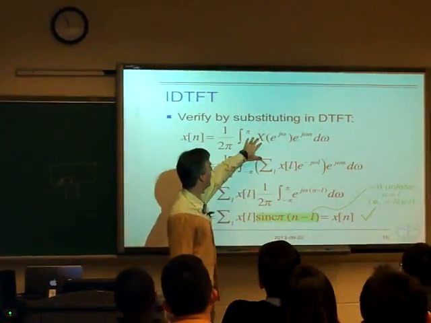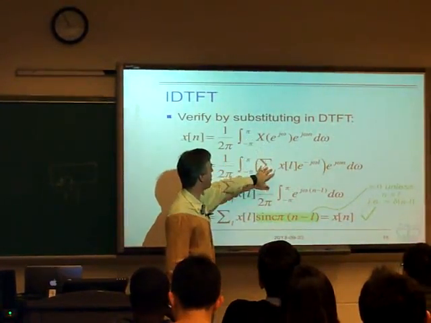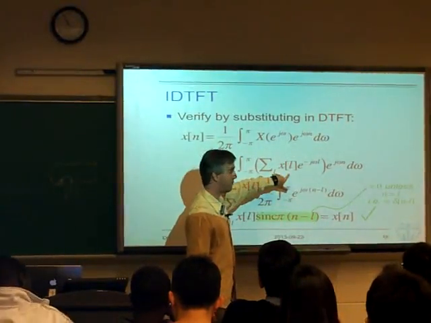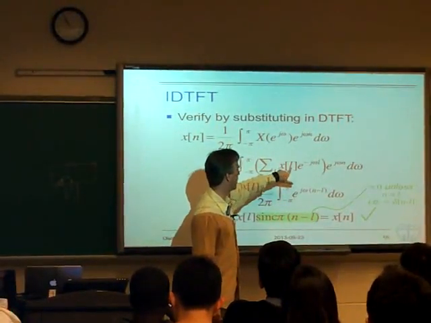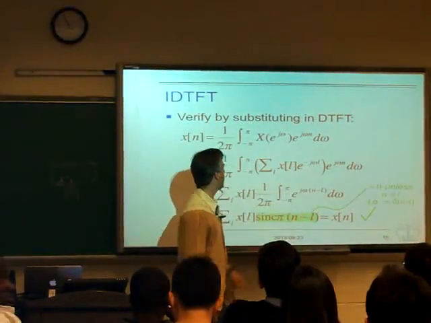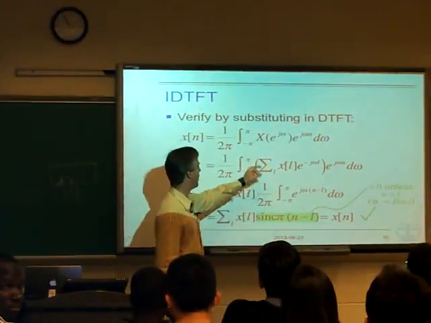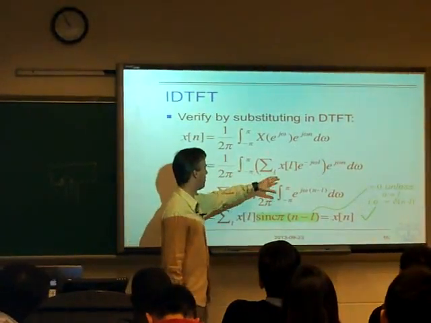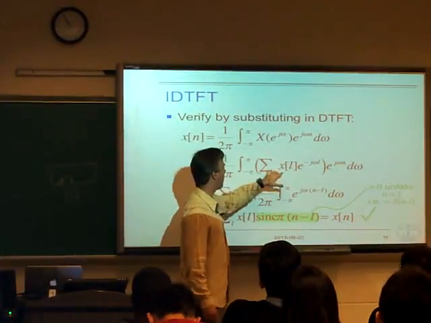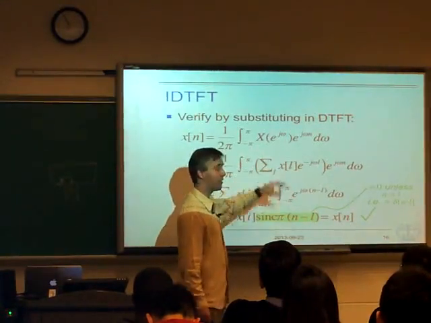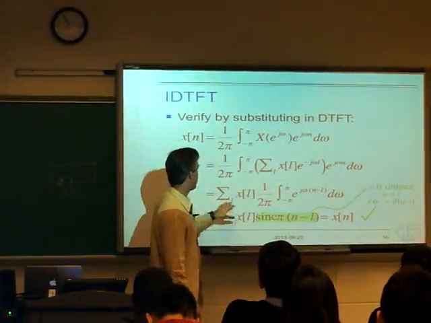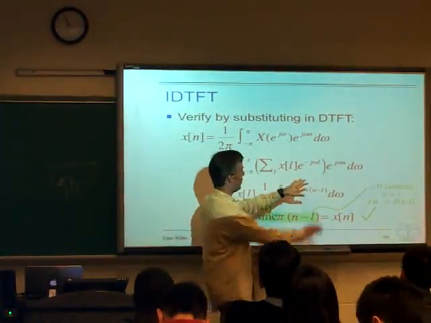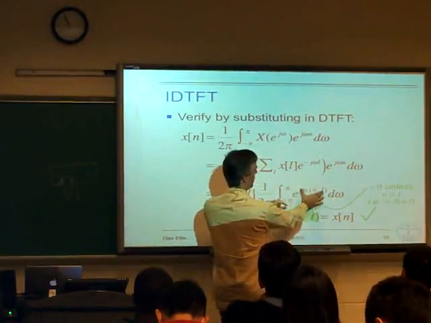If we plug in our DTFT expression here, that X of e to the j omega is equal to the sum over all time indices of x of L e to the minus j omega L, then we do the same trick of interchanging the summation and the integral, because the integral over a sum of functions is just the sum of the integrals over those individual functions. So we get the sum of x of L, 1 over 2 pi integral of e to the minus j, and then we've got these two exponents again, so we can fold them together.